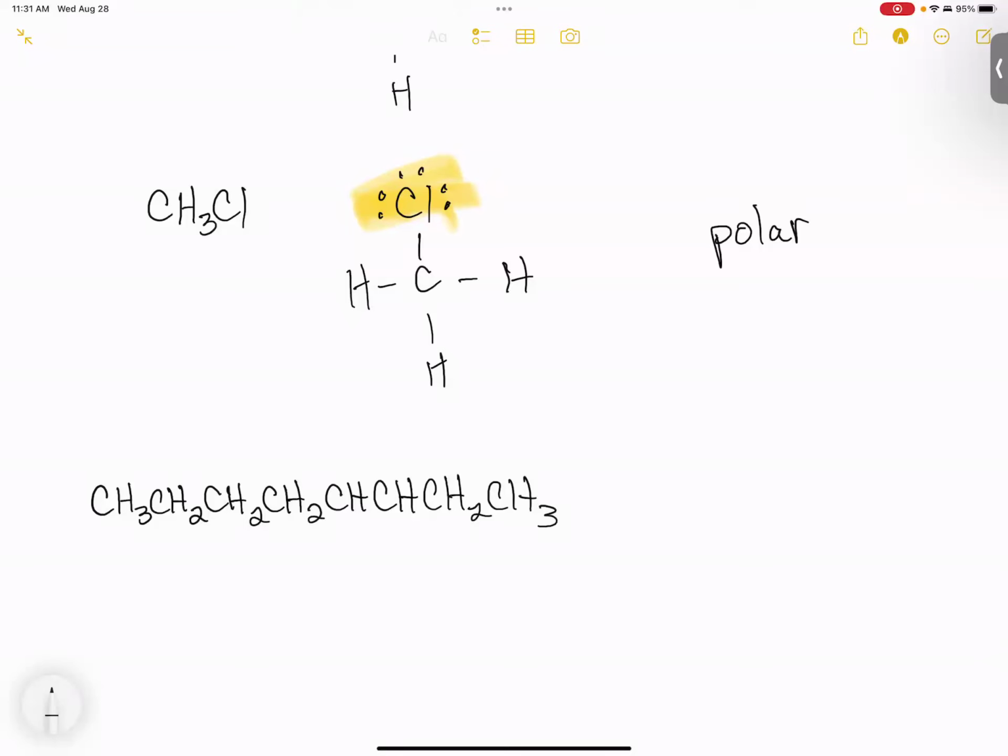Without even drawing it, this one is automatically going to be non-polar because it's nothing but carbon and hydrogen.